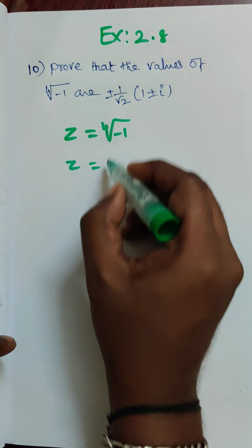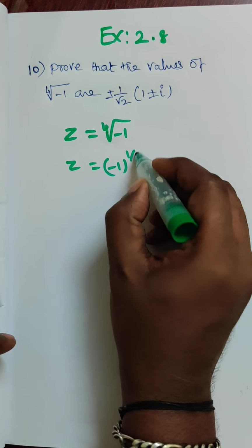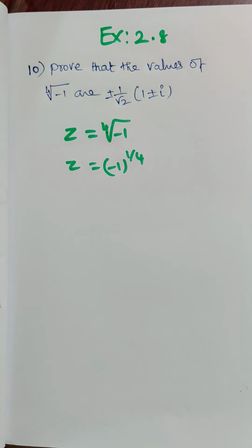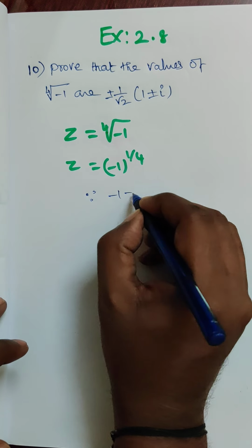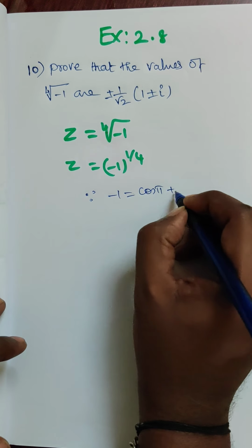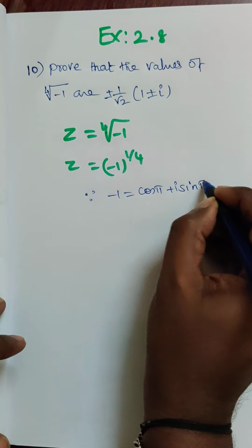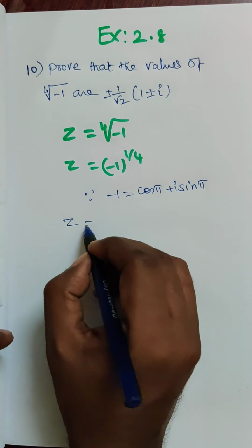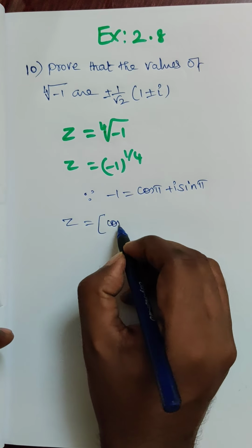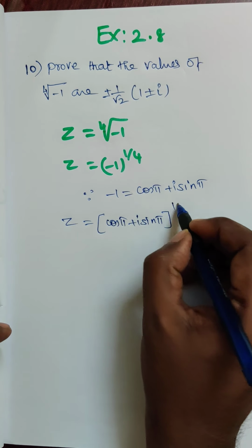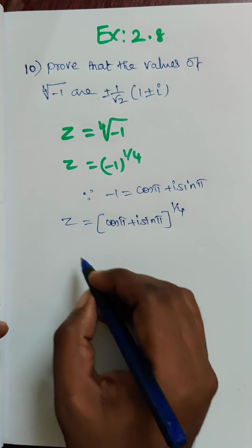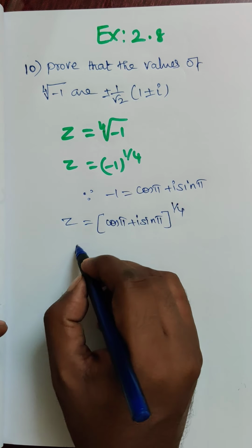So z equal to minus 1 the whole power 1 by 4. Already we know that minus 1 is equal to cos pi plus i sin pi. So z equal to cos pi plus i sin pi the whole power 1 by 4. Now add 2k pi.